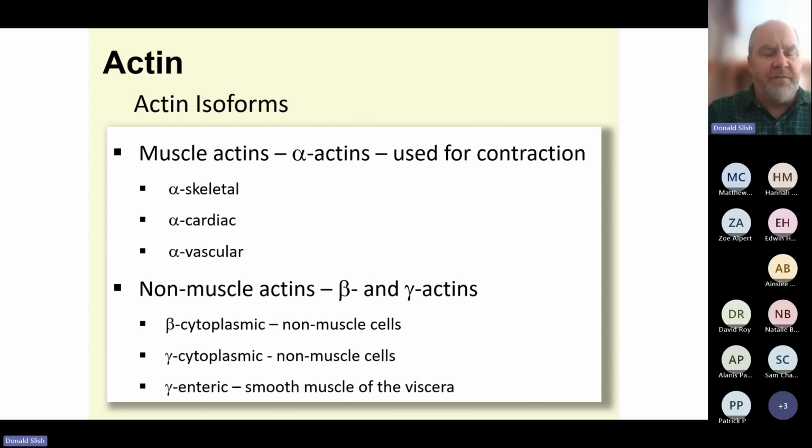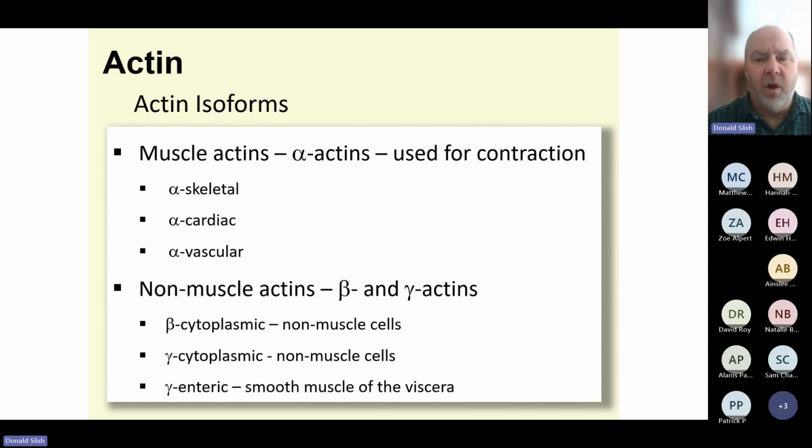So we've got a lot of different actins. We've got muscle actins that are going to be used for contraction. You've got different isoforms for skeletal, cardiac, and smooth muscle, vascular, or whatever. And then you've got non-muscle actins, and these are in muscle cells as well.